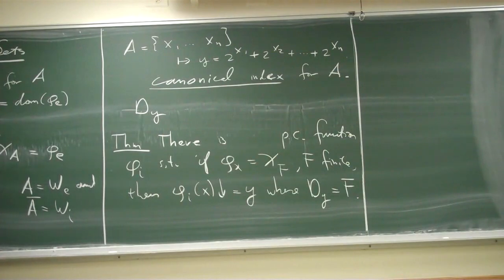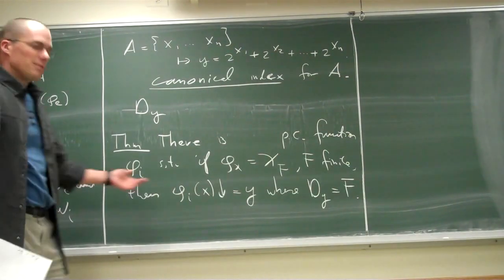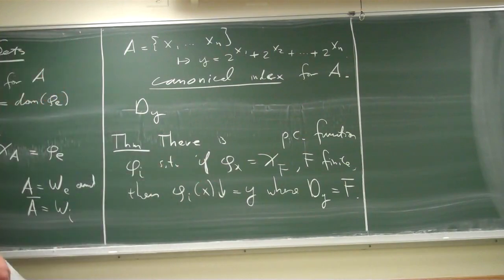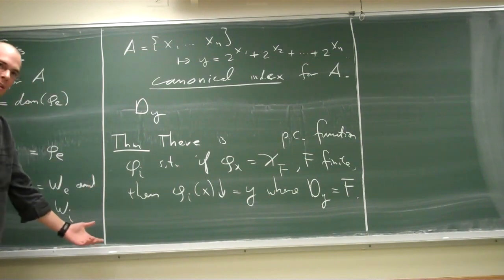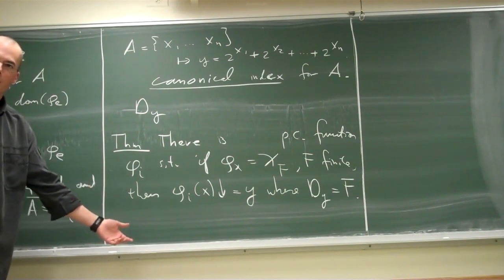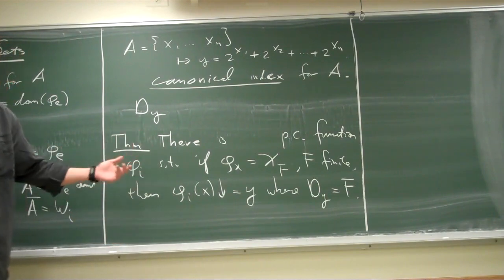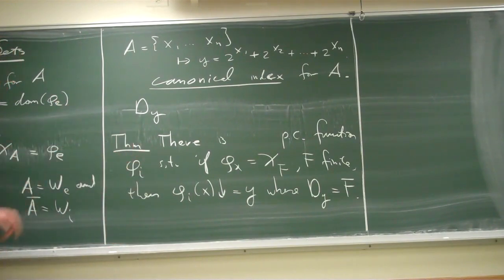Alright, this would be a really nice theorem which says that given a delta knot index of a set which happens to be finite, you can effectively extract from this a canonical index.